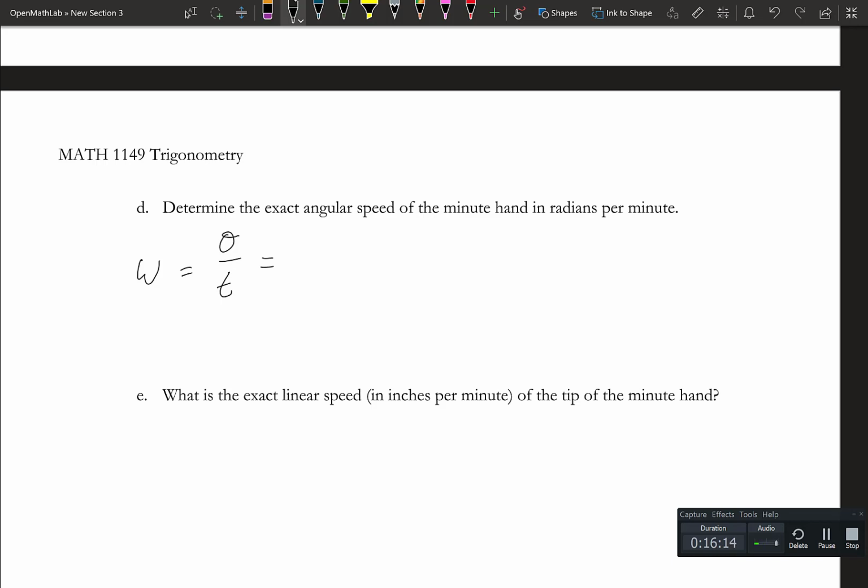Theta is pi over 6 radians, which I already calculated before, and the time is 5 minutes. Simplifying this, you should get pi over 30 radians per minute.